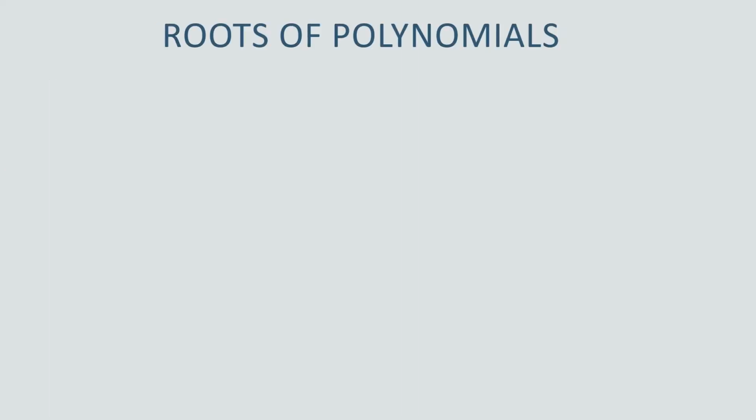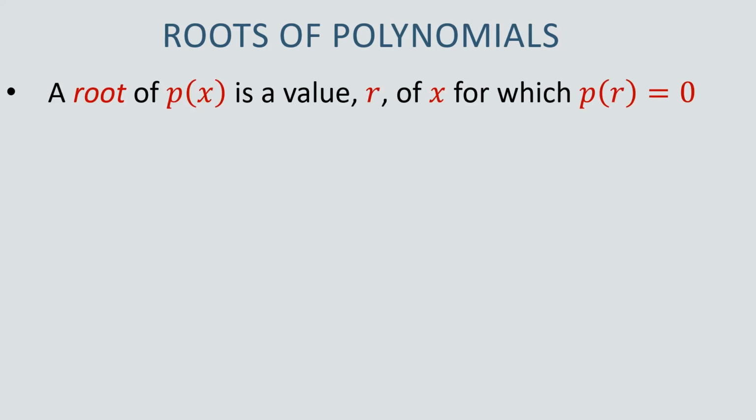So I've used this term root of a polynomial. What do I mean by the root of a polynomial? Well, the root of a polynomial p of x is just a value, say r, which we can assign to x, and when we evaluate this polynomial at x equals r, the outcome is going to be 0.